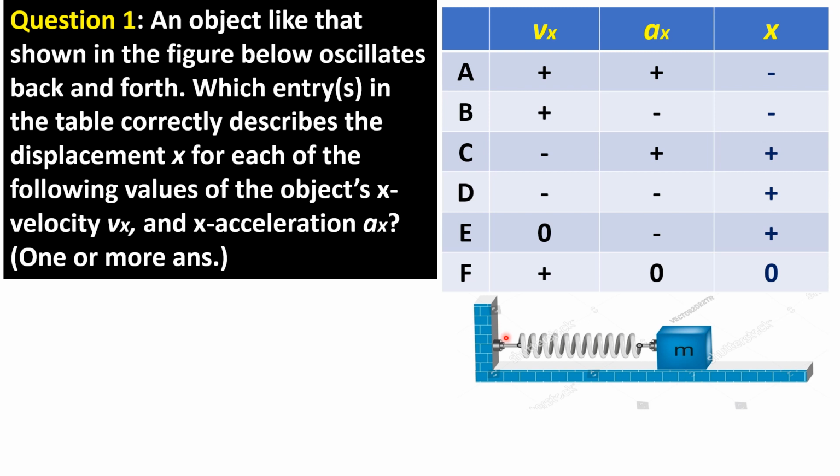In the sketch, we have an object that is attached to a spring. One end of the spring is fixed to the wall, and if you pull the object to the right, that's going to make this spring stretch to a certain distance x, right?